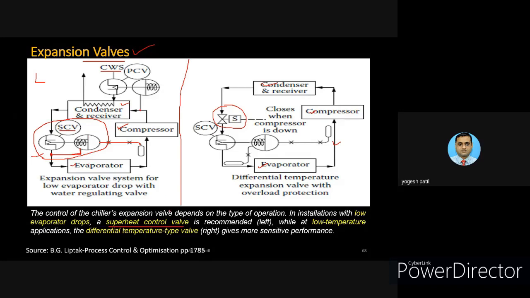The superheat control valve, or expansion valve, is recommended for the left side arrangement, while at low temperature applications where the process temperature demand is low, in such cases the differential temperature type valve, this particular arrangement, gives more sensitive performance.